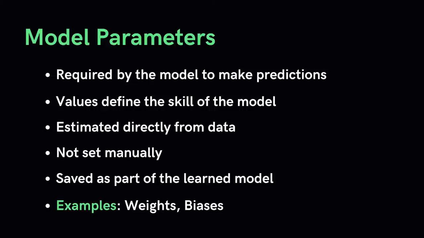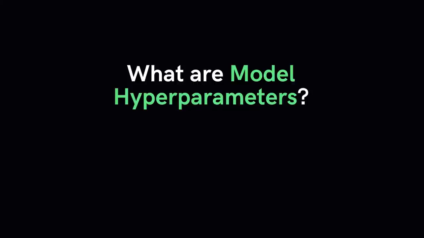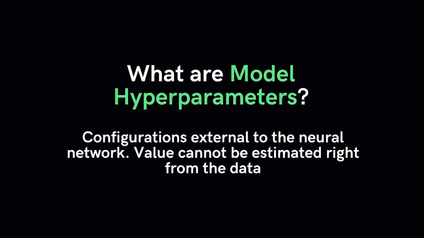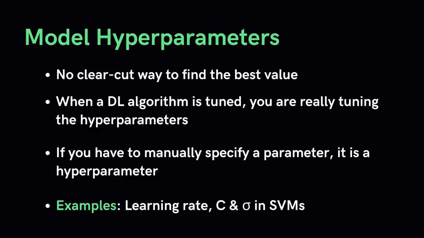They can be estimated directly from the data and are often not manually set by the practitioner. And oftentimes when you save your model, you are essentially saving your model's parameters. Parameters are key to machine learning algorithms, and examples of these include the weights and the biases. A hyperparameter is a configuration that is external to the model and whose value cannot be estimated from data. There's no way that we can find the best value for a model hyperparameter on a given problem.